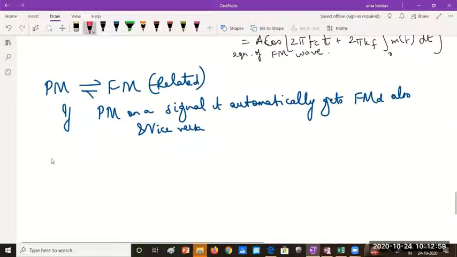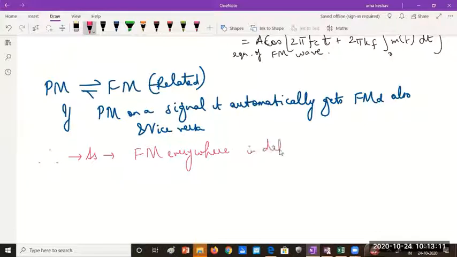That's why, as a general rule, we are going to study FM everywhere. We will be studying frequency modulation in detail, okay? And wherever we want, we know how to get a phase modulated signal using a frequency modulator. So whenever I need, I can get a phase modulated signal using a frequency modulator.